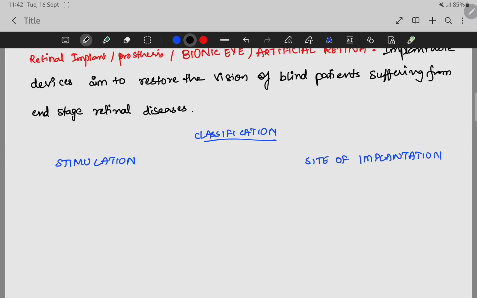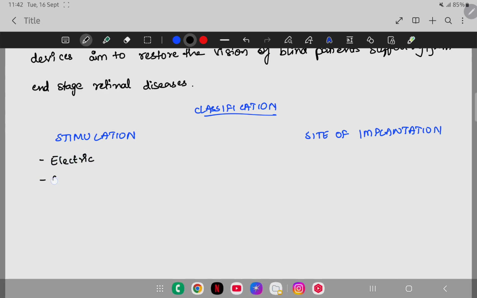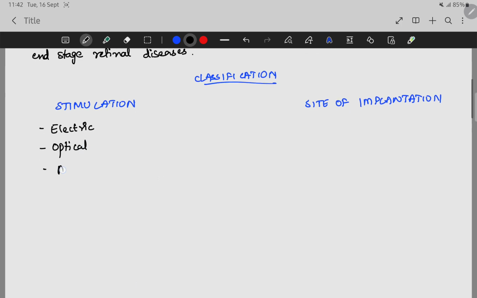So based on stimulation, we have either electric stimulation, optical stimulation, magnetic, chemical, photovoltaic, and ultrasonic.